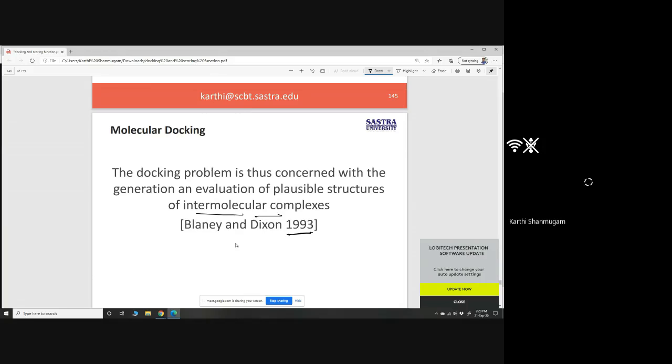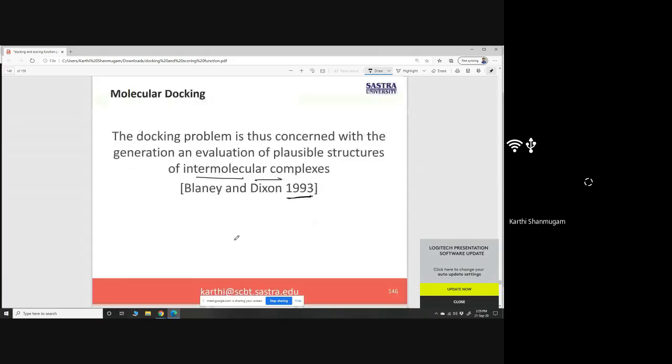So we have to form the complex and generate different conformations within the binding site for the given drug or drug-like molecule. The algorithm should also be able to find the intermolecular interactions which lead to the formation of the complex. I'll explain this in detail, no need to worry about this.